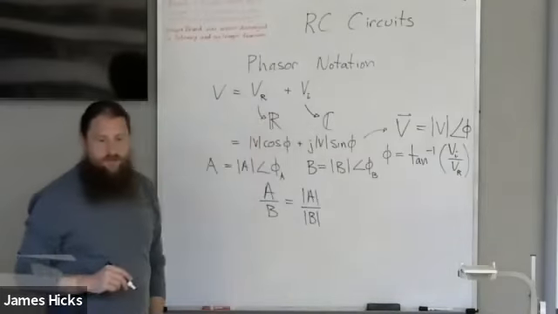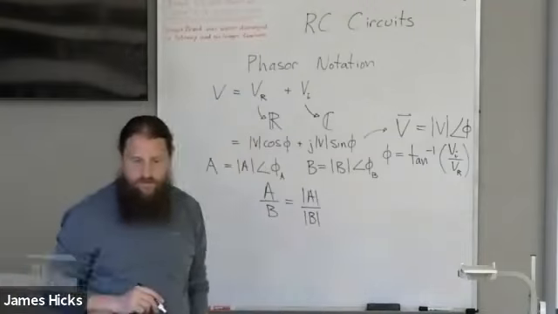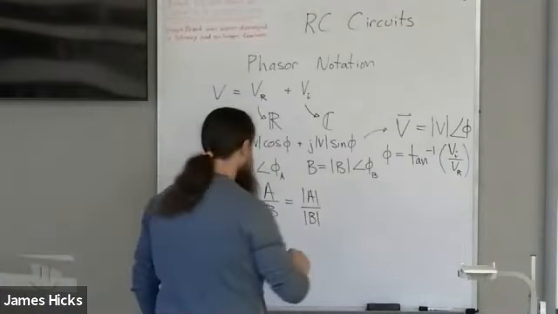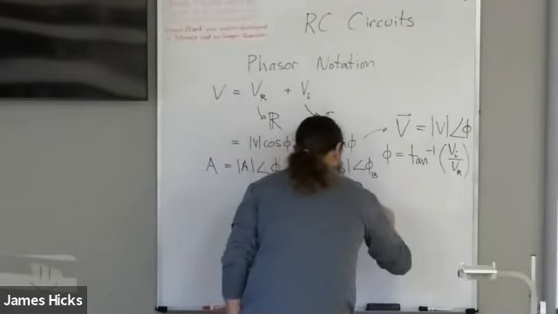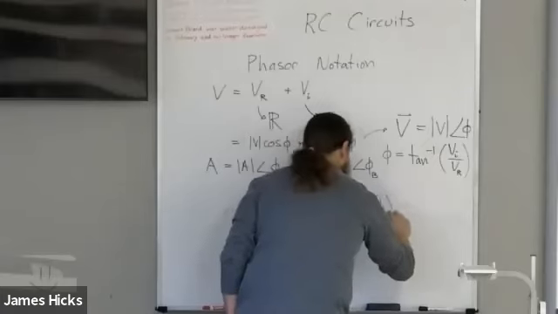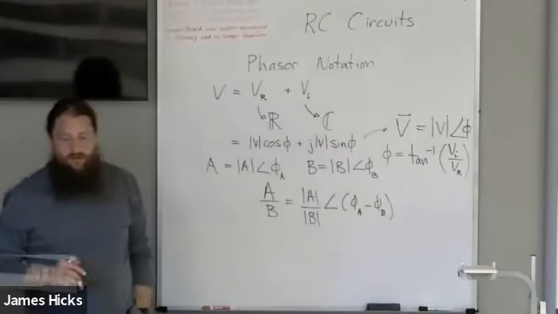So you divide their magnitudes and you subtract their phases.